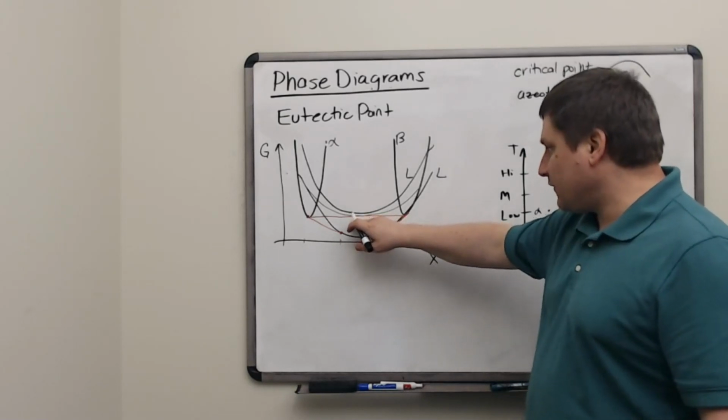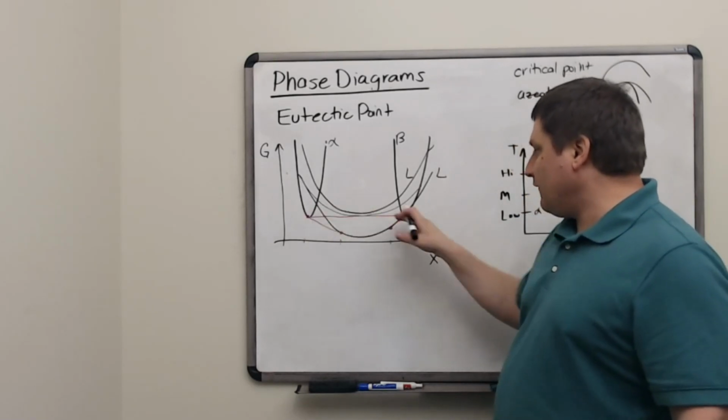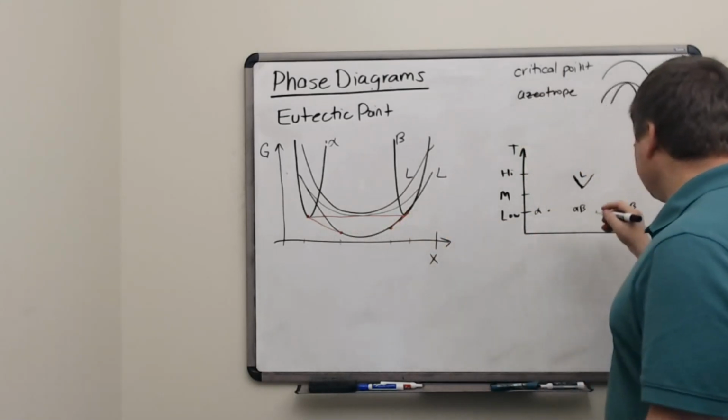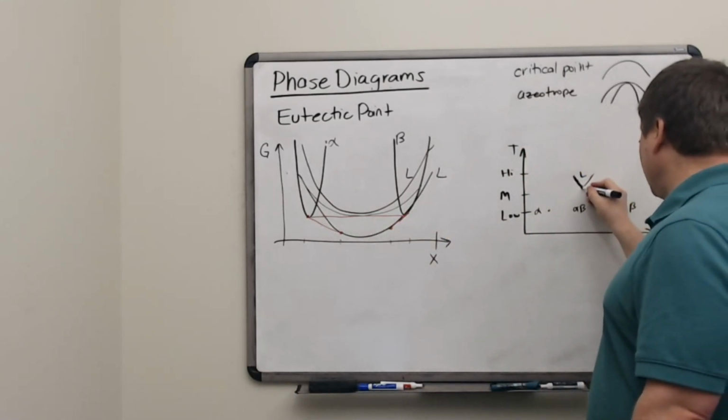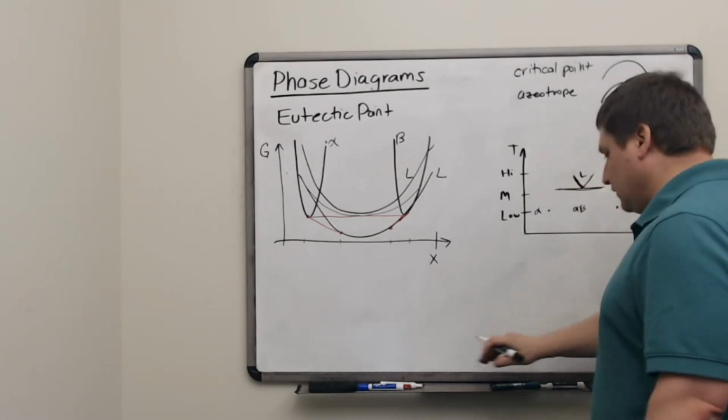You've got this liquid appearing in the middle, and then the lines of the convex hull, instead of going straight from alpha to beta, have to go from alpha to liquid, and then from liquid to beta. So we don't just generate a liquid here, we also have a critical line.